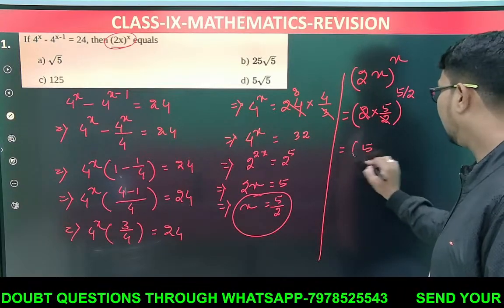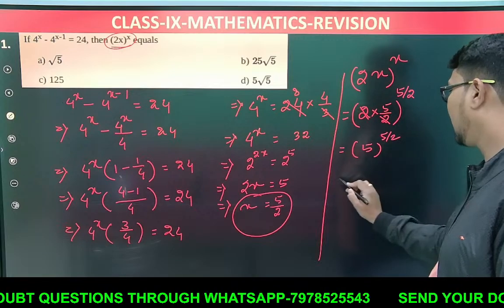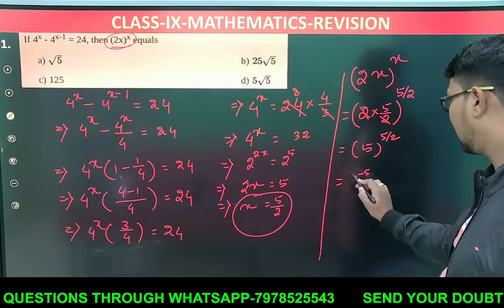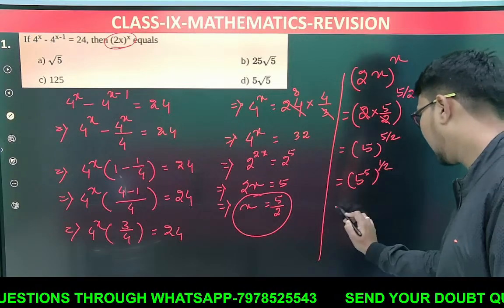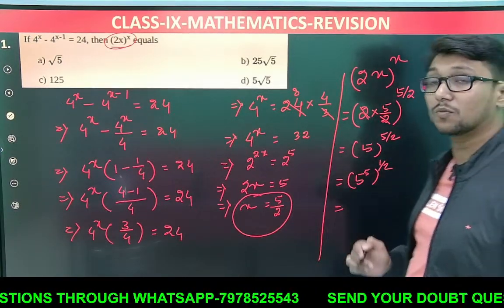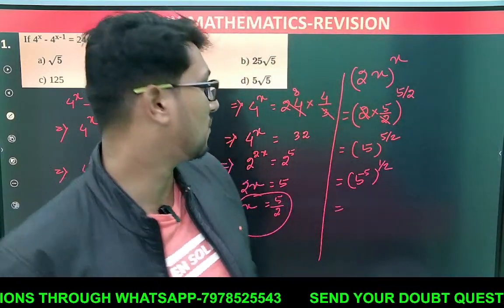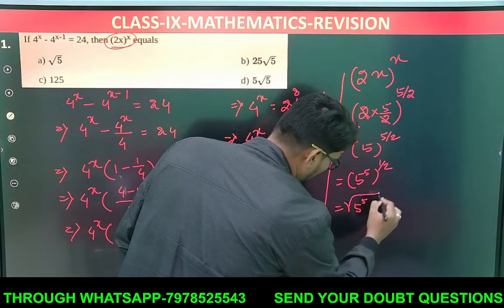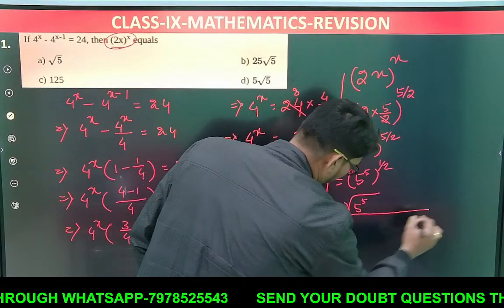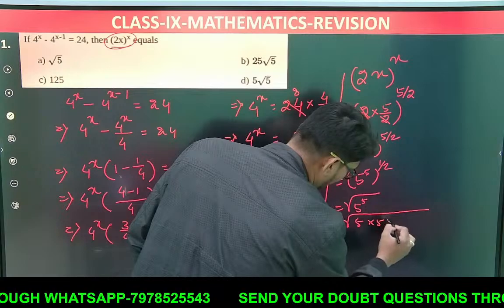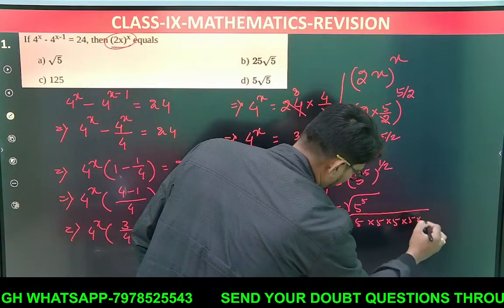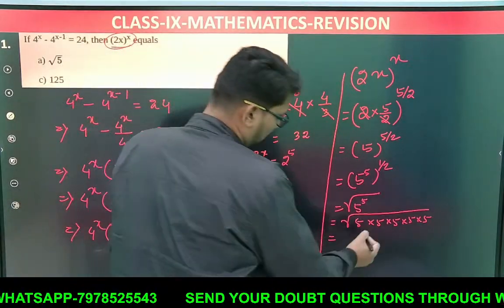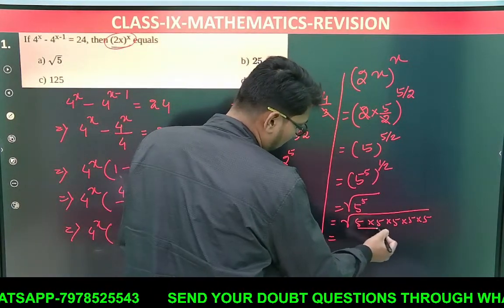Now 5 to the power 5 by 2 means what? It means we can write (5 to the power 5) whole to the power 1 by 2, and if the power is 1 by 2 it means a square root, so we can write this as the square root of 5 to the power 5, which means the square root of 5 into 5 into 5 into 5 into 5, that is, five 5s. Since we are finding a square root, we have to pair.